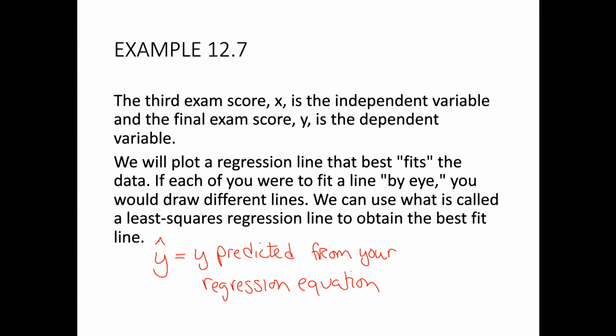Okay, so if I want to predict what someone would make on the final if they made a 79 on that third exam, type in X is 79. That's out of my range. That's what it's telling me. So my window is not quite big enough.